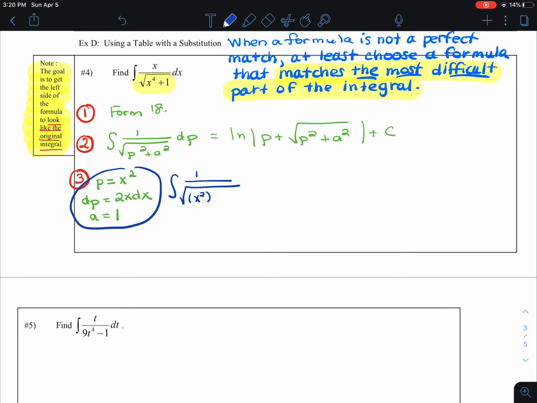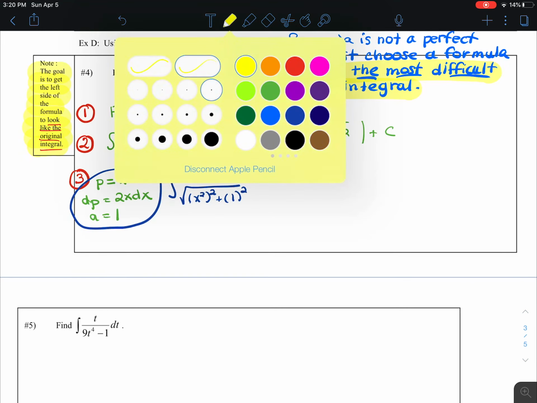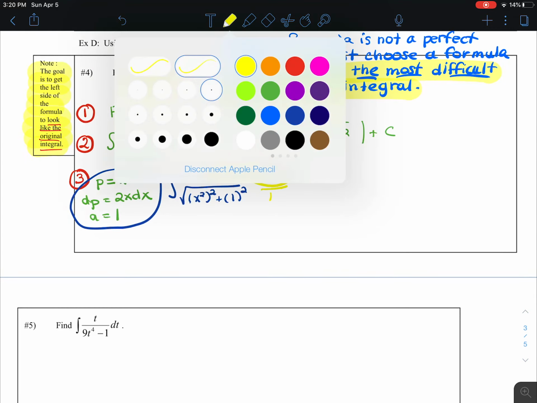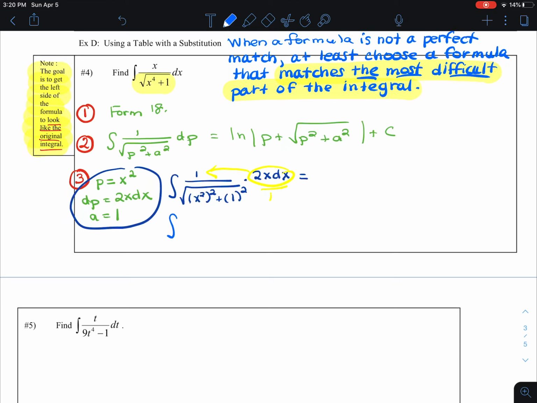So x squared is going in for the p, 1's going in for the a, and 2x dx goes in for the dp. Now when I do this, this is going to slide over here into the numerator, or at least the 2x would. So I'm going to put that 2x here. That's going to make this x to the fourth plus 1 dx.